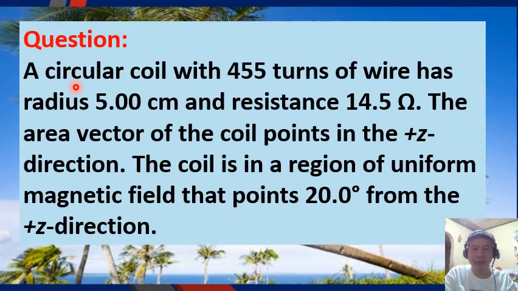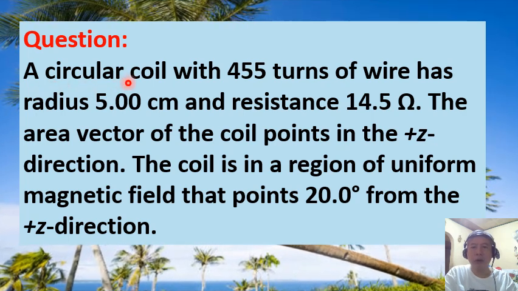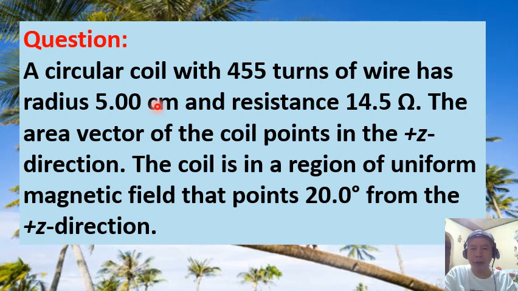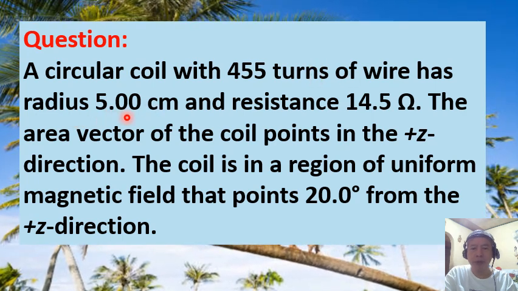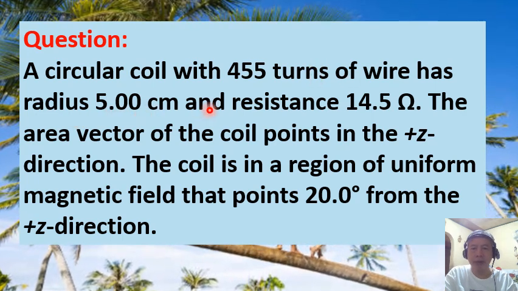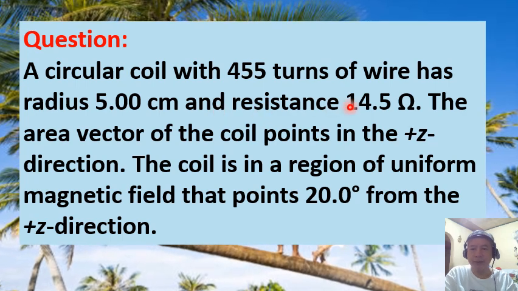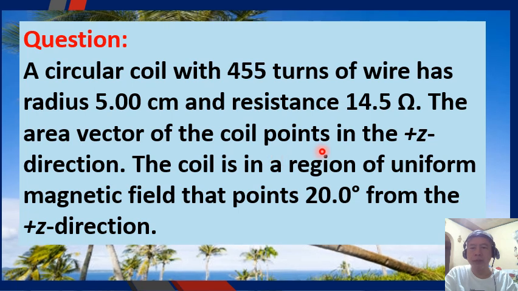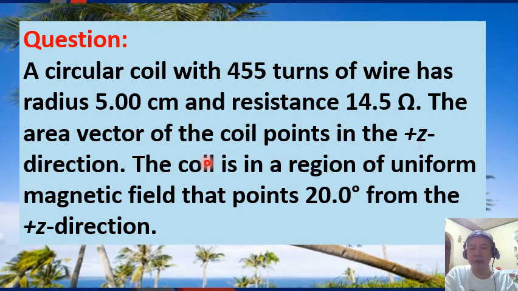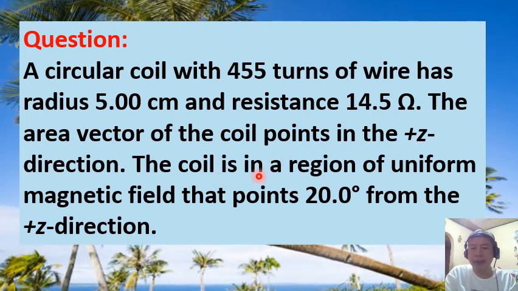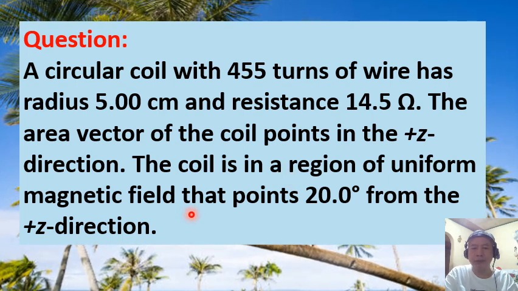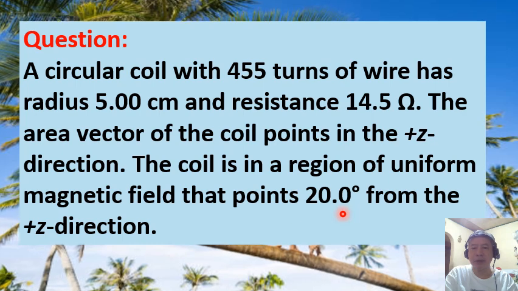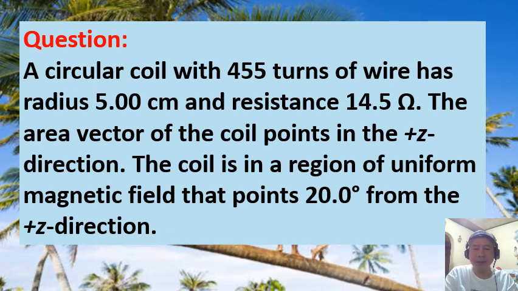The question is, a circular coil with 455 turns of wire has radius 5.00 centimeters and resistance 14.5 ohms. The area vector of the coil points in the positive z direction. The coil is in a region of uniform magnetic field that points 20.0 degrees from the positive z direction.